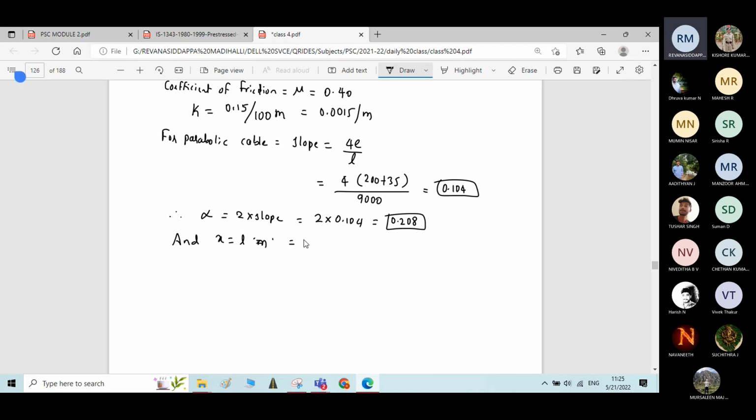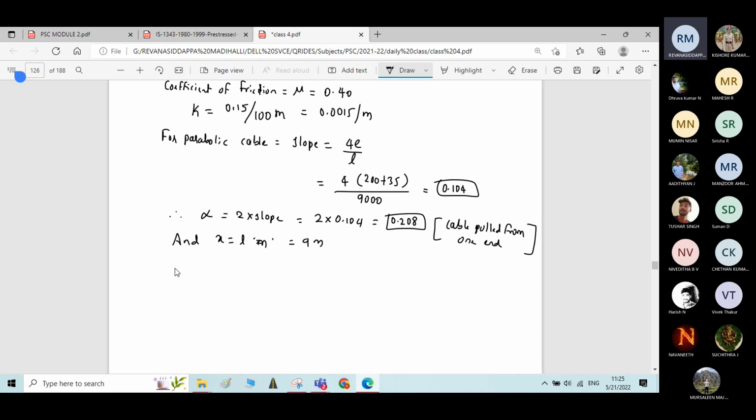That is 9 meter, because the cable is pulled from one end.